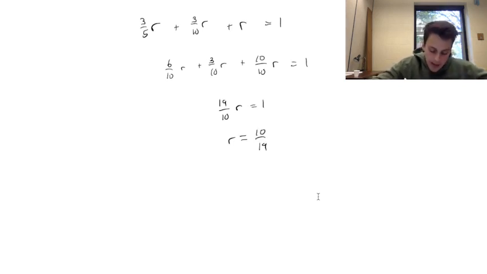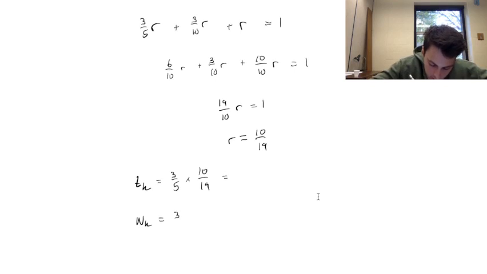So finally, tk is equal to 3/5 r, which is 3/5 of 10/19. So this is going to reduce to something. wk, well, this is 3/10 r. R is 10 over 19. So this is more clearly 3 over 19.